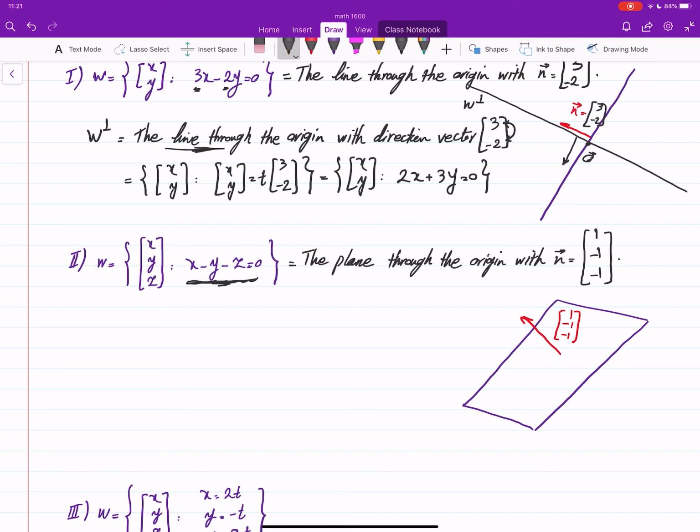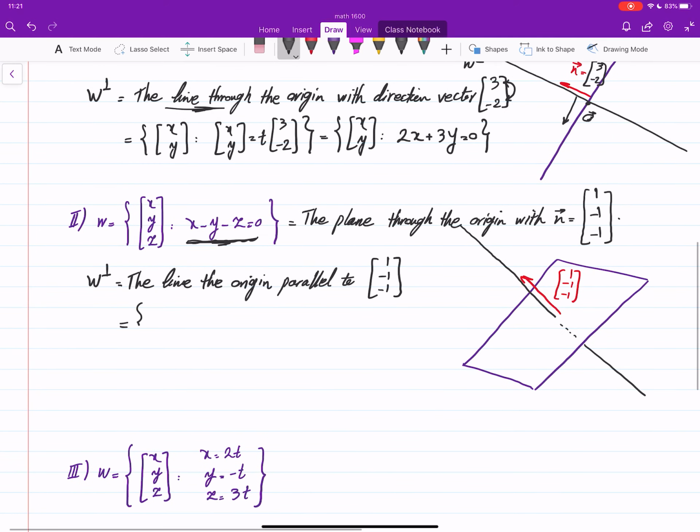Then all the vectors which are orthogonal to this plane are going to form a line, a line which is this time parallel to that vector (1, -1, -1). So W perp is going to be the line through the origin, because it contains the zero vector, parallel to the vector (1, -1, -1). And we can write an equation for this.